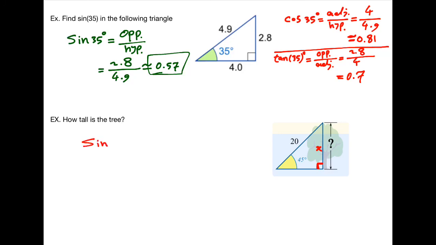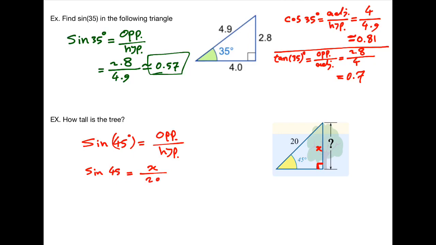Sine of 45 degrees equals opposite over hypotenuse. So sine of 45 equals, opposite is given by x. We are going to find it. That's the height of the tree. And the hypotenuse is given by 20.